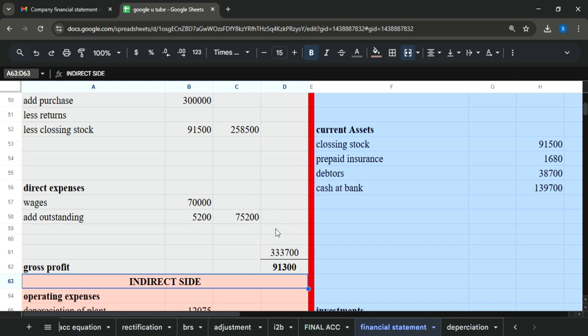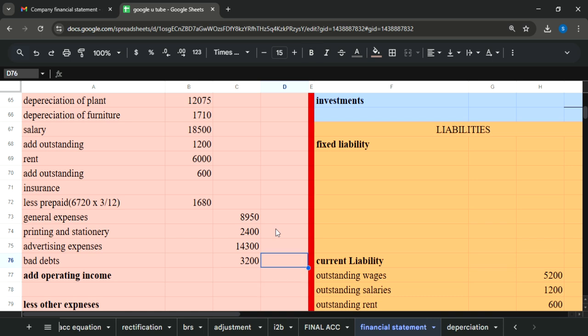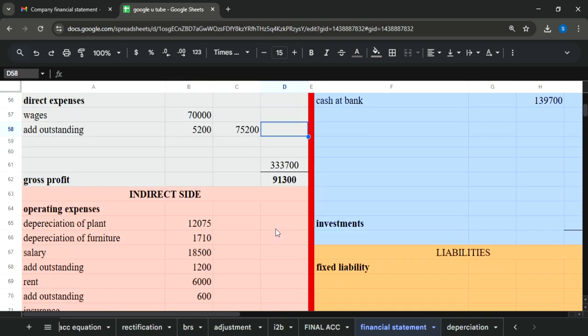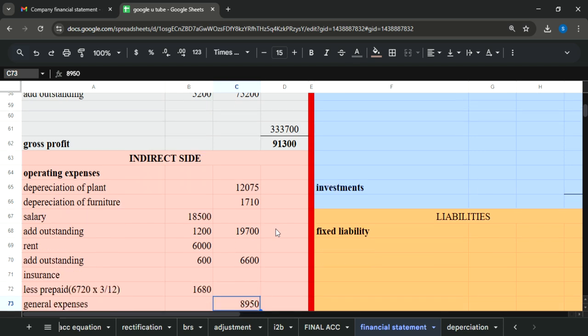Now let's focus on our indirect side, and here depreciation of plant and furniture, they are readjusted, so we will write in second column. Next, we will see salary and then you will add its outstanding, after which rent and add its outstanding.